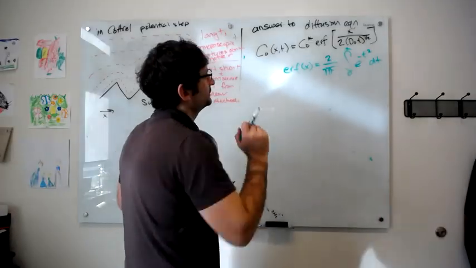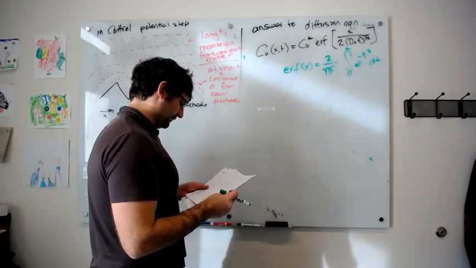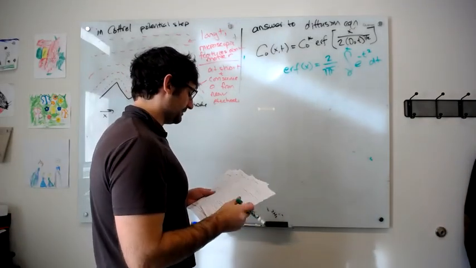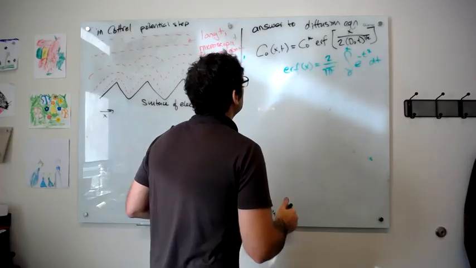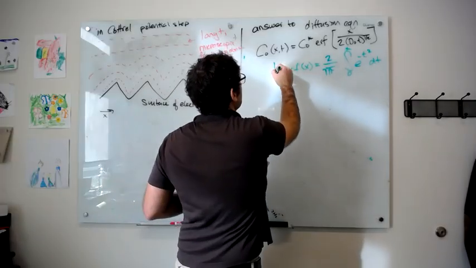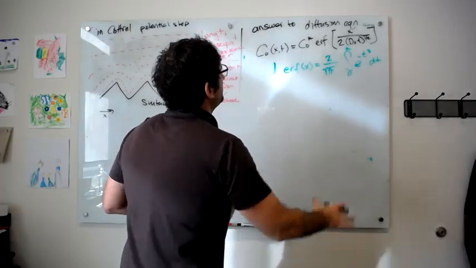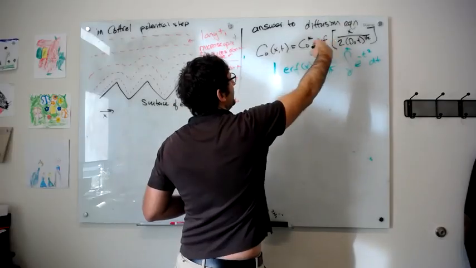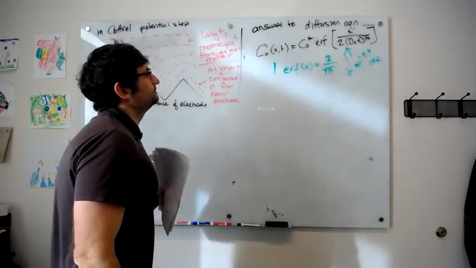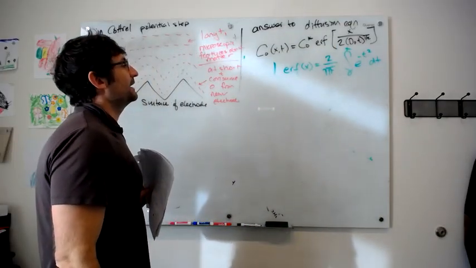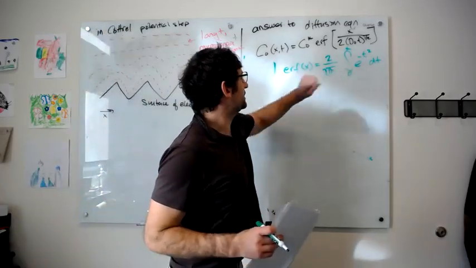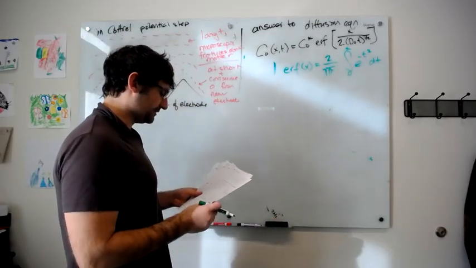So the error function comes about from integrating Gaussians. This is the definition. That's just a simpler way to write this expression, by use of the error function instead of writing out these integrals and defining all the parameters.